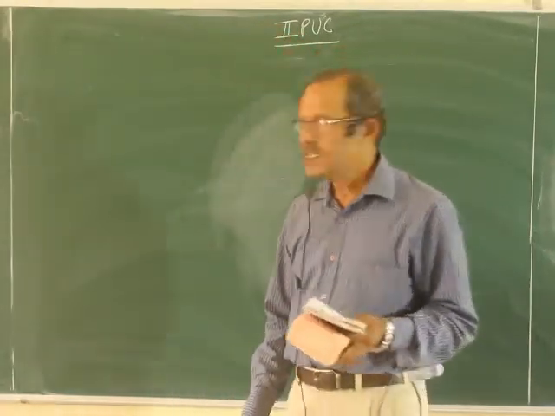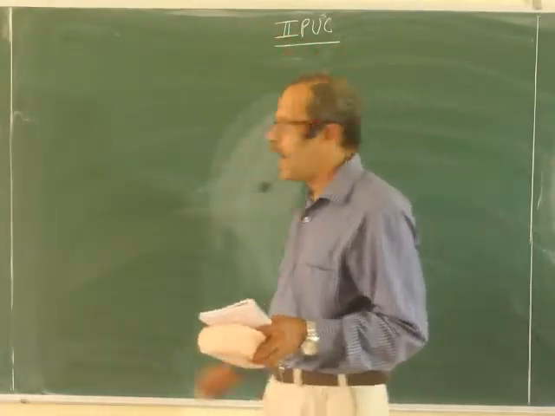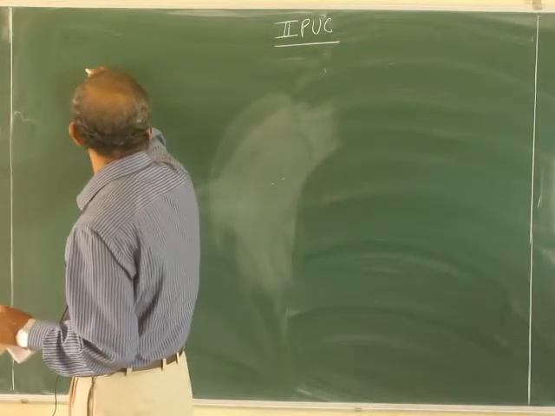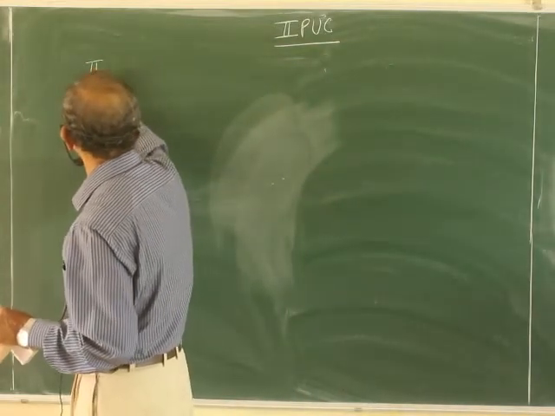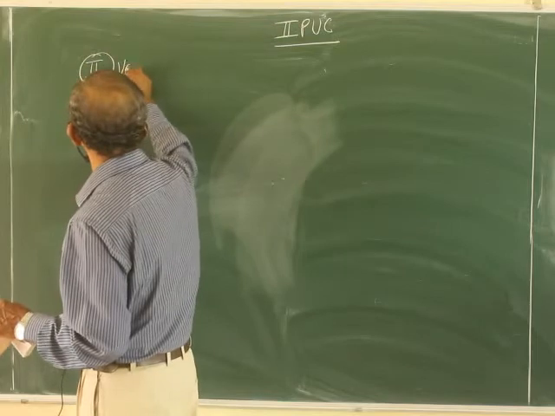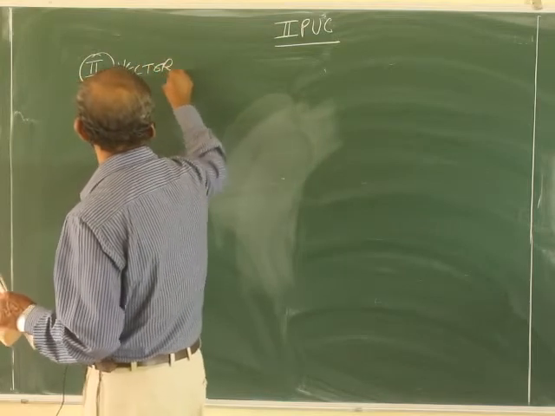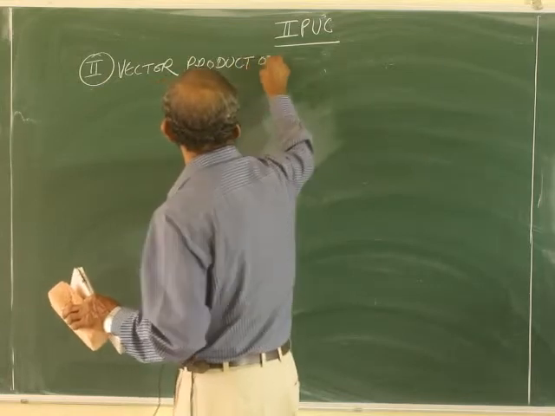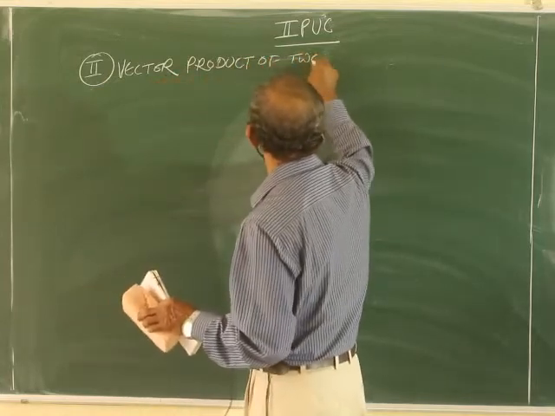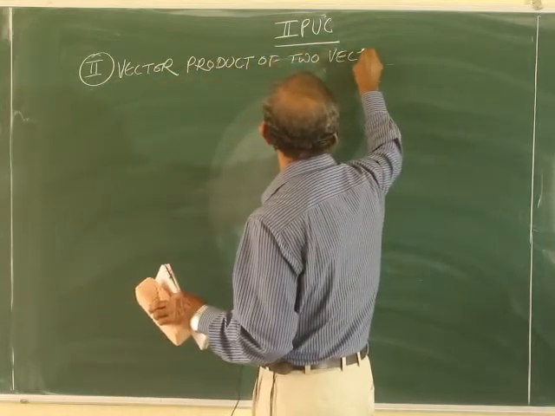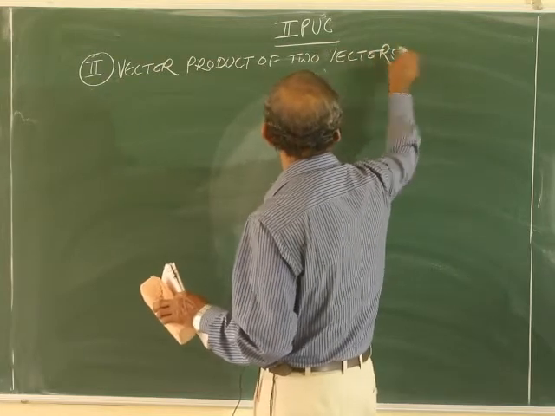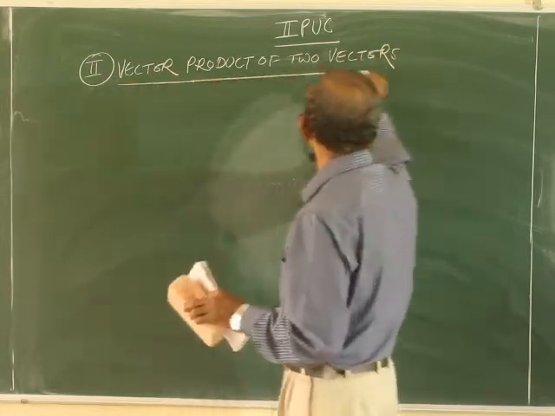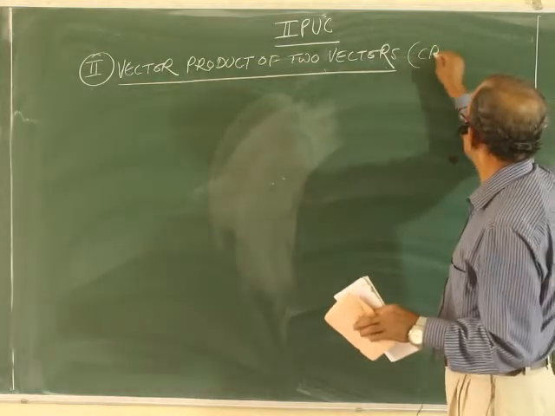Good morning, students. Now, after completing the scalar product of two vectors, let me take the vector product of two vectors, or cross product.